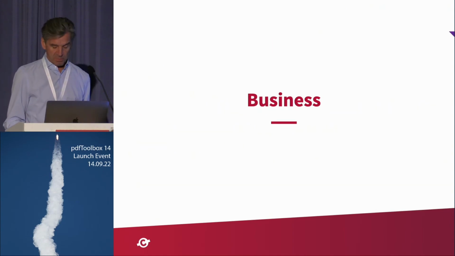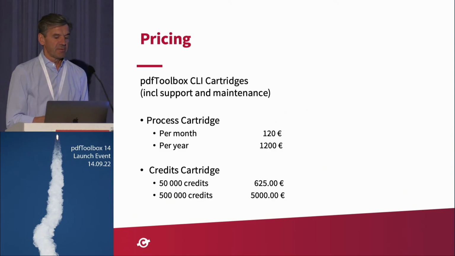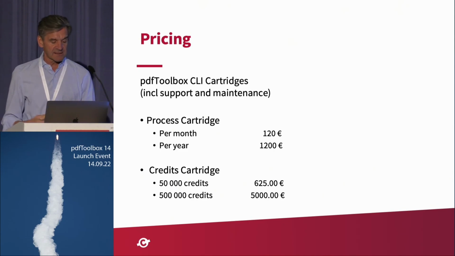So now let's talk business. As you have imagined, there is pricing for it, basically for license server in the cloud. Of course, the Docker image comes for free because it doesn't have a license. But in order to use it with licenseserver.callassoftware.com, you need a cartridge.